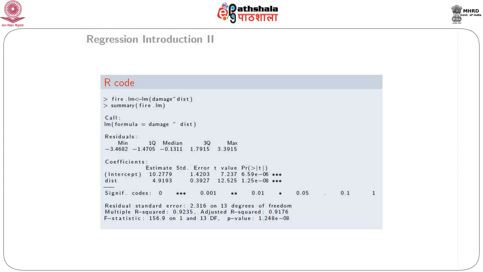And we have seen from the regression line before that the estimate of the intercept parameter is 10.2779, which we had previously rounded to 10.28, and for the slope parameter, or the one corresponding to the distance variable, is 4.919 or 4.92, as we had used the rounded value. Now, if you look at the corresponding p-values for both these estimates, it turns out that both these estimates of the parameters are significant at alpha equals 0.05, which means we include both these variables in the model.